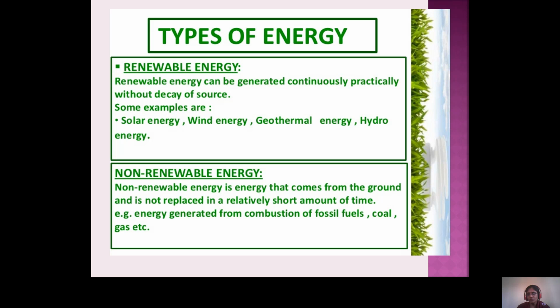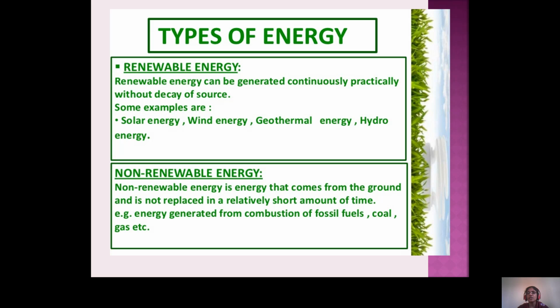What are the different types of energy? Generally there are renewable energies and non-renewable energies. Renewable energy can be generated continuously without decaying of any source; that is solar energy, wind energy, geothermal energy. These are called renewable energy.